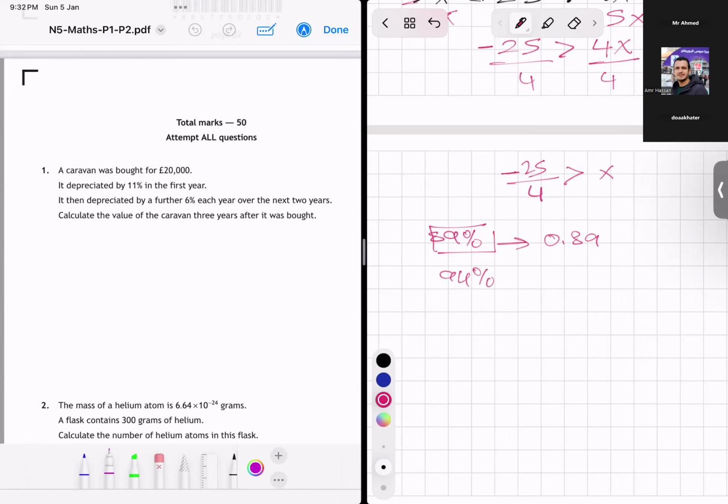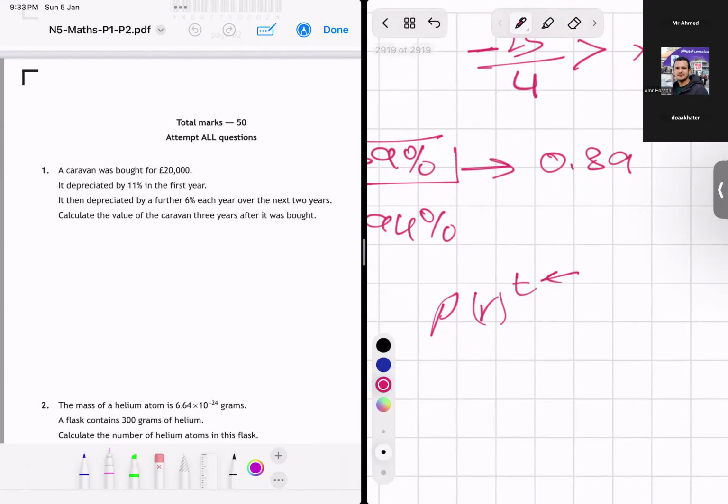This one looks like compound interest, which makes sense. I'm looking for the principal; the price was 20,000. Let me write it. Multiplied by the rate, raised to the power of t.